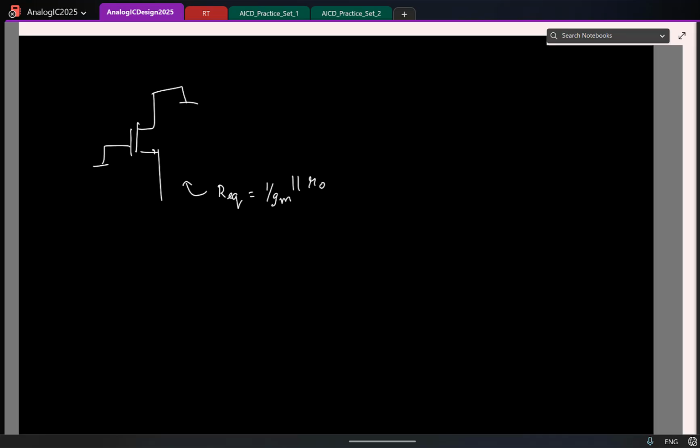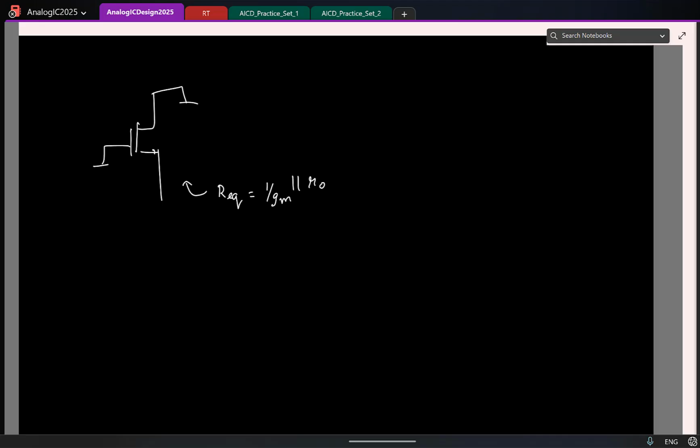Is the resistance equal to 1/gm parallel r0 only in saturation, or even in the linear region? The question is whether this expression is valid only in saturation or even in the linear region.